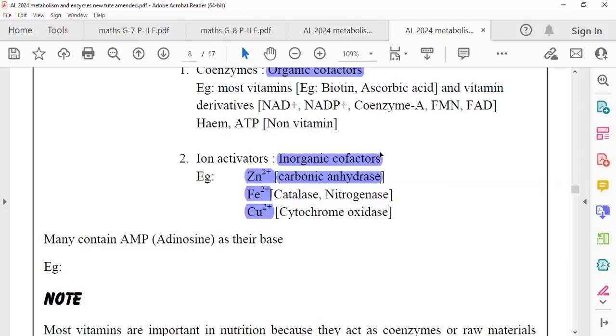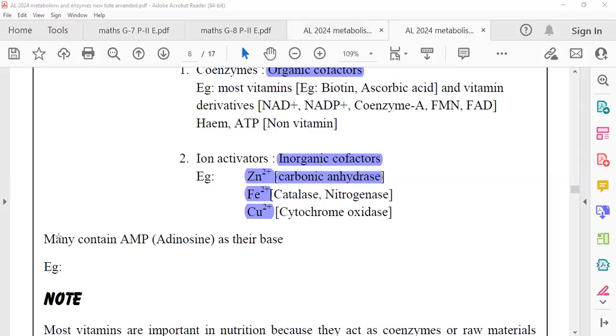Cytochrome oxidase. Understood? Yes, sir.